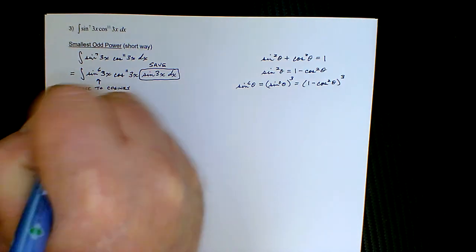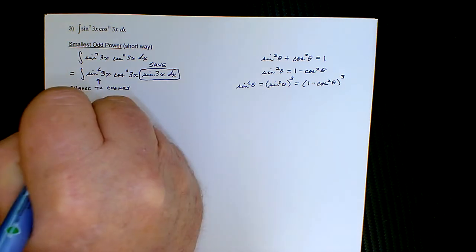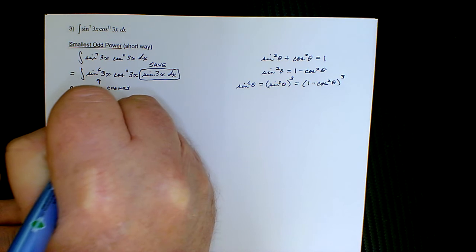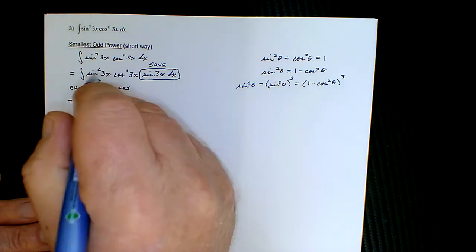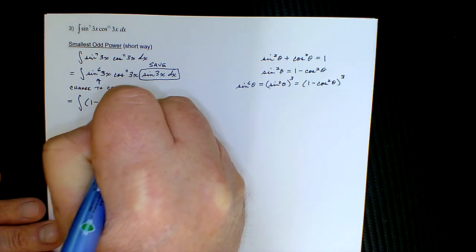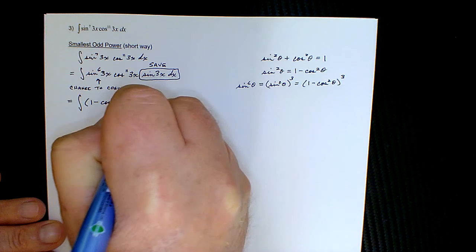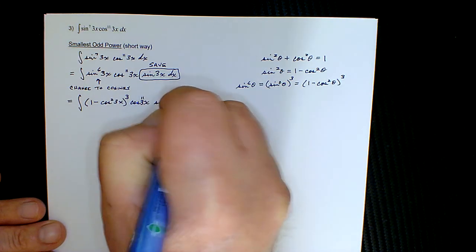We'll recopy the integral, change sine to the 6th of 3x to cosines. Here's the way to think of it again. 1 minus cosine squared 3x represents 2 factors of sine, but to account for 6 factors, we're going to have to cube it. Then recopy cosine to the 11th of 3x, and sine of 3x dx, that's making up our du.